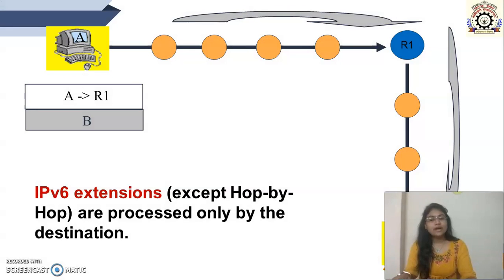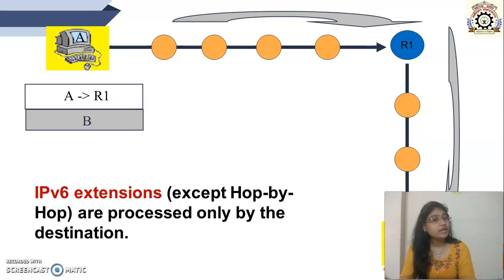But in case of IPv6, if we are using Internet Protocol version number 6, then it depends upon whether we are using the hop by hop extension header or not. In case of the hop by hop extension header, that IPv6 packet is visited by each and every node and each and every router, exactly the same as IPv4.